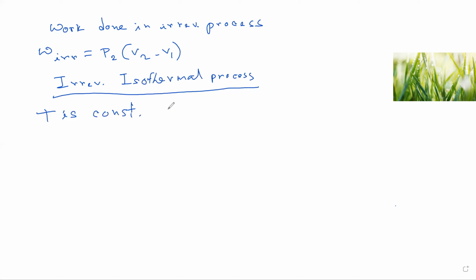V2 will be equal to nRT by P2. Similarly, V1 will be equal to nRT by P1. We are assuming this as an ideal gas. We are not talking about a real gas.